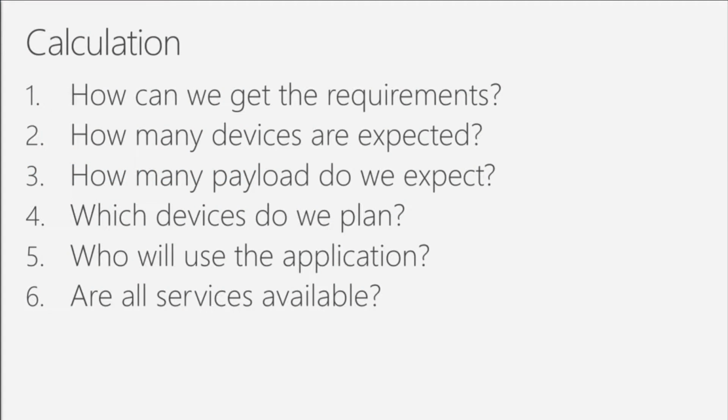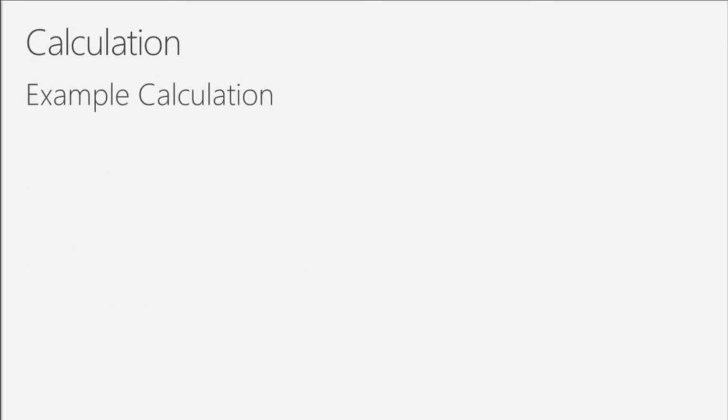First, how we get the requirements: how many devices are expected, how much payload do we expect, which devices do we plan, who will use the application, and where the services are available. I will show you the calculation. Hopefully it works, to switch.